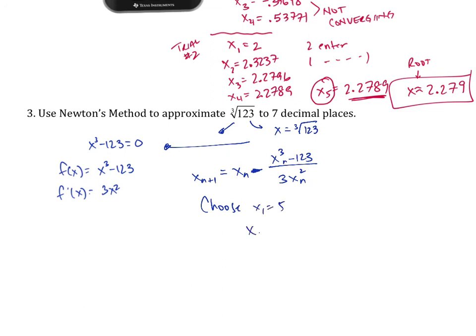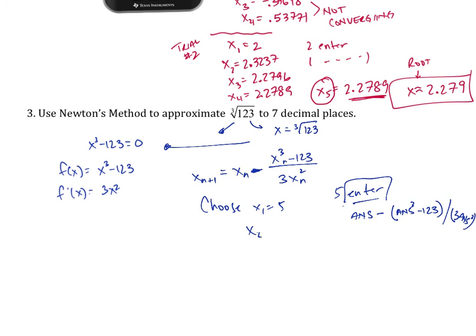So that means x sub 2, when I put it in, I'm going to say 5, enter, in my calculator. Then I'll put in answer. Just one more time to remind you guys, open parentheses, answer cubed minus 123 divided by 3 answer squared. Okay? That's how we're going to do that.